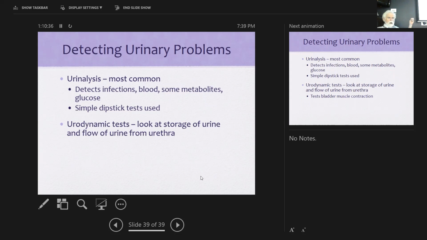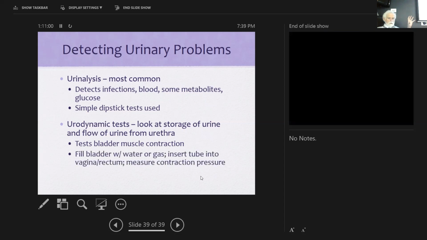In other words, they do not require a clinical laboratory to do the analysis. They can be done in a doctor's office or a school laboratory like ours. We can also do much longer and more complicated tests of looking at the functioning of the urinary system. We call that urodynamic testing.